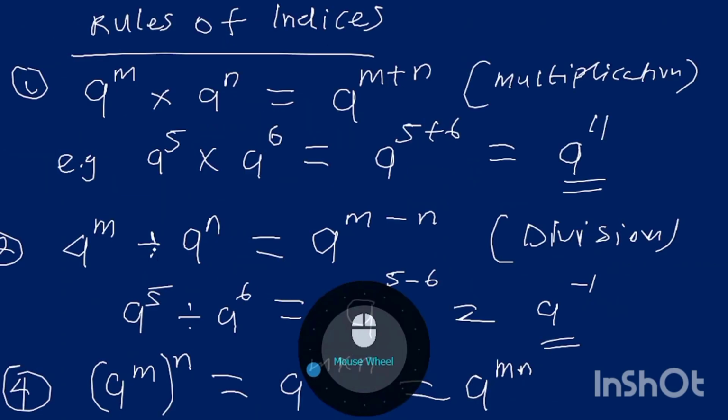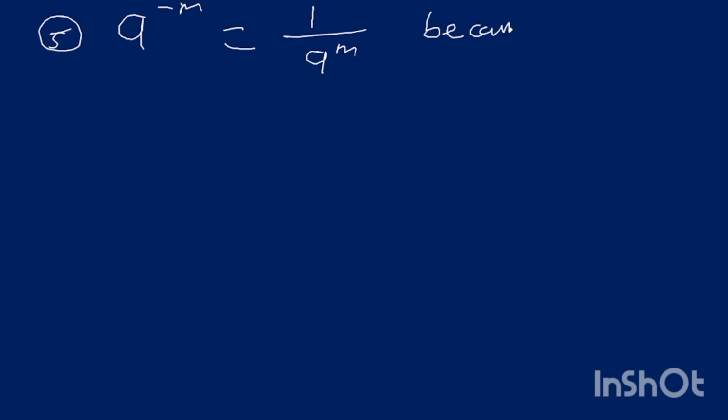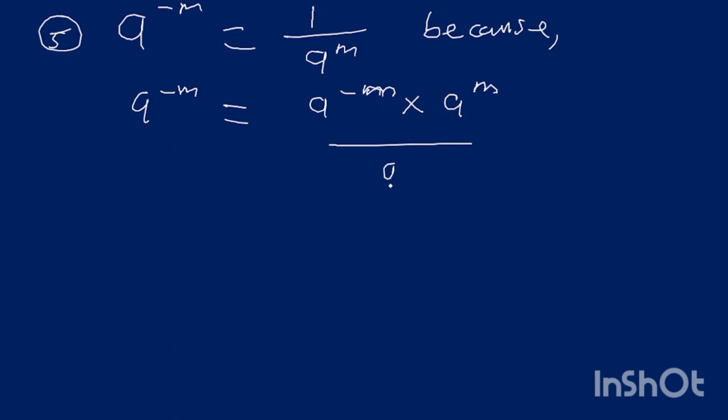Let's look at the next one, that is rule number 5. A raised to power minus m, we have a negative power. It's the same thing as 1 divided by a raised to power m. This is because a raised to power minus m is equal to a raised to power minus m multiplied by a raised to power m divided by a raised to power m.